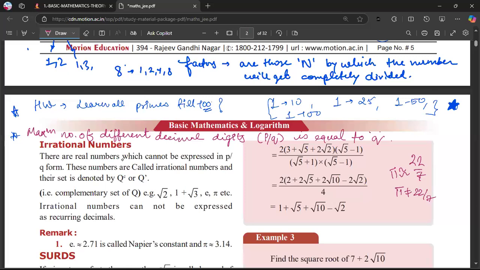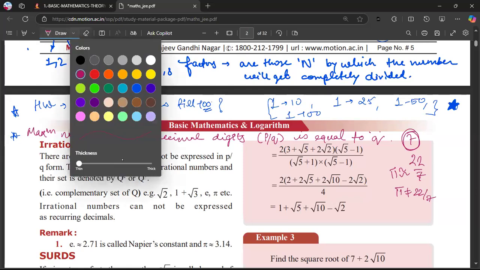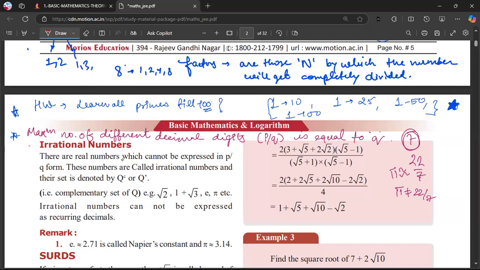The number of different digits after the decimal will be 7 here, so 22 by 7 will have a maximum of 7 different decimal digits. Not very important, but it's interesting to know new things. Clear?